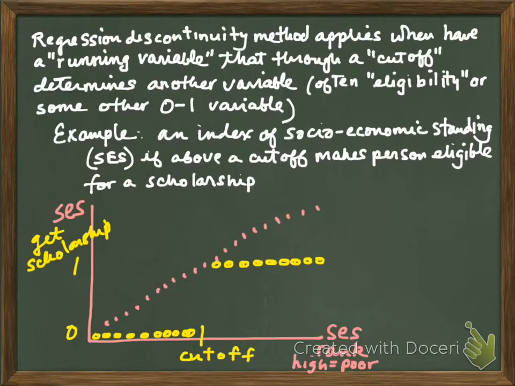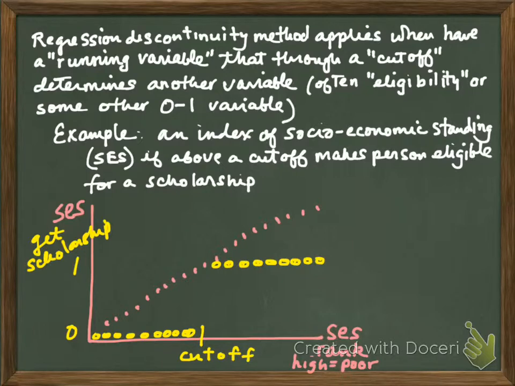So we have some index, some measurement, depending on various criteria of the household about just how poor a household is. The higher the index, the poorer the household is, and this index then we can write down for every household, and we can imagine that this index is what determines whether or not you get a scholarship.